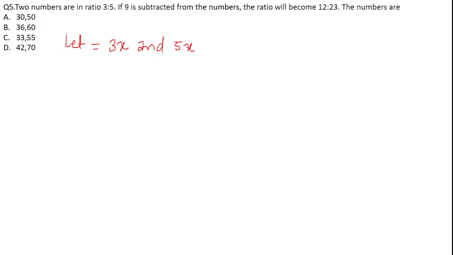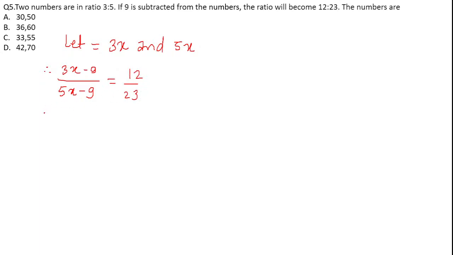Now they have given that if 9 is subtracted from both the numbers, the ratio will become 12:23, correct. So we write (3x minus 9) upon (5x minus 9) equals 12 upon 23. Now we have to solve this equation.